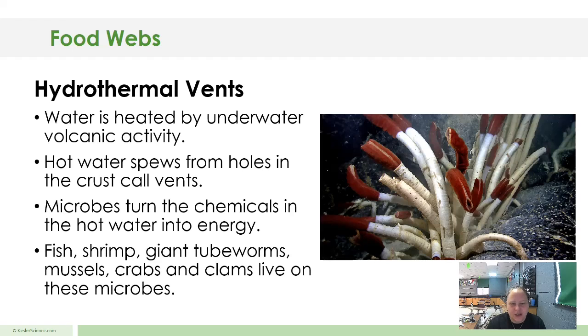Fish, shrimp, giant tube worms, which is what's pictured on the right hand side, mussels, crabs, and clams live on these microbes. So once again, these elements are released in the hot water, the microbes live on them, and then the first consumers eat those microbes.